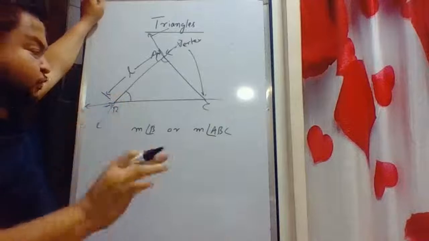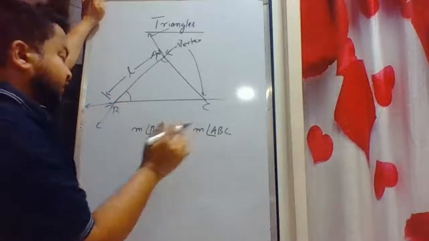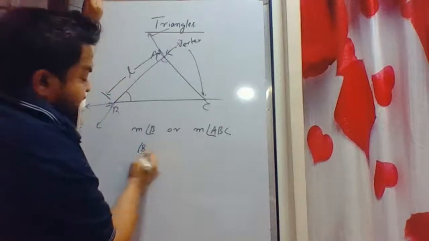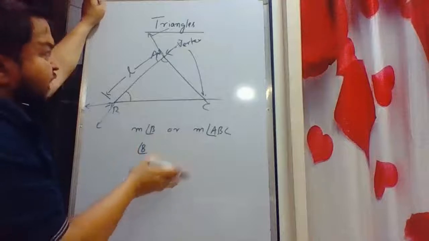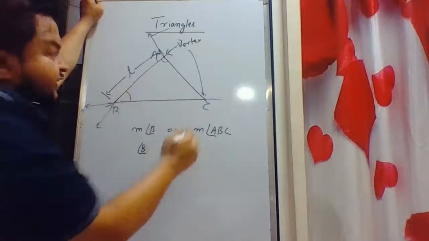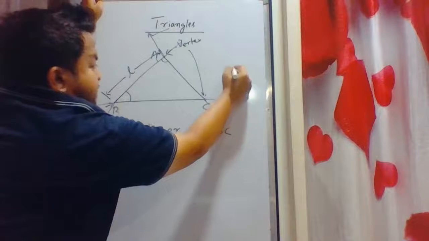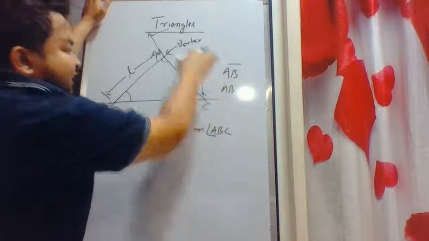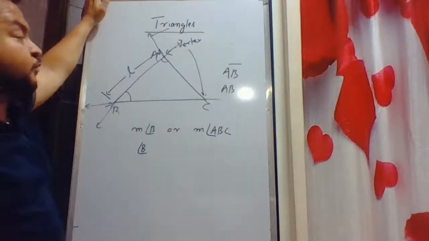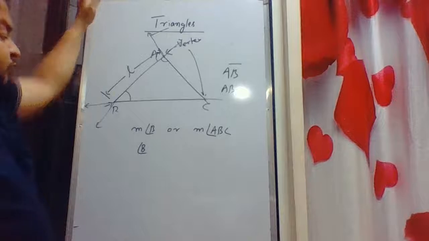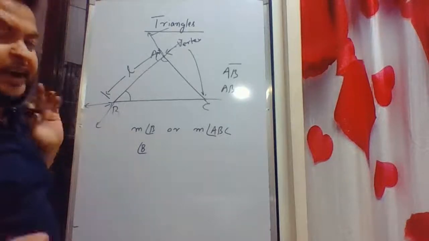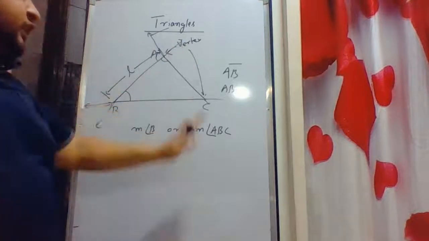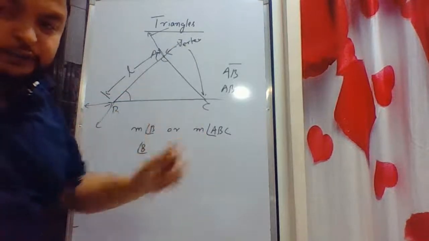Many times in books they don't use "measurement of", that's fine, because it is also acceptable that angle B is read as the measurement of angle B. However, in case of straight lines, they use this notation. AB bar indicates that straight line, but only AB indicates the length of the straight line denoted by your AB side. But for angles, you may use both notations. So with this, we are done with all the notations that I wanted to walk you through related to triangles.